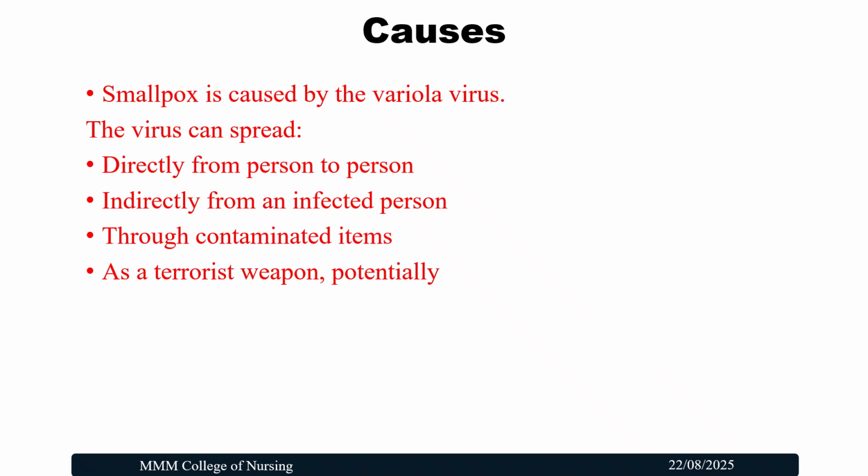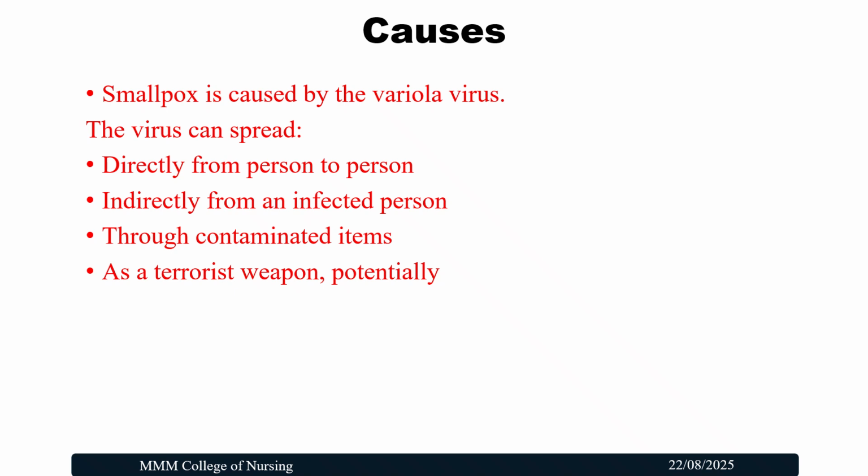The second cause is indirectly from the infected person. Here, rarely, smallpox can spread through the air inside buildings, infecting people in other rooms or on other floors. The third cause is through contaminated items. Here, smallpox can also spread through contact with contaminated clothing and bedding, but getting smallpox this way is less likely.